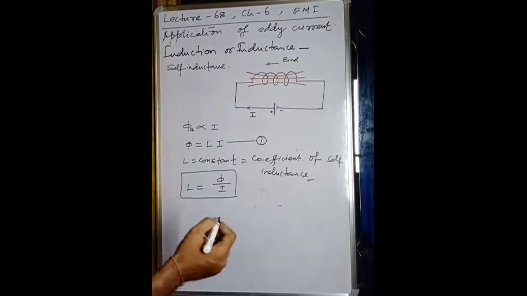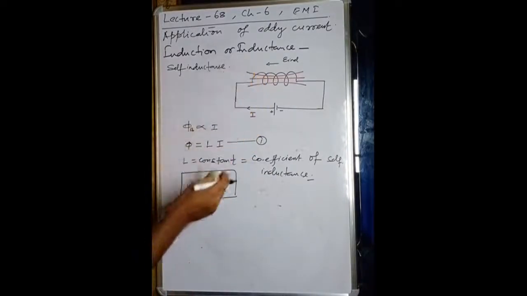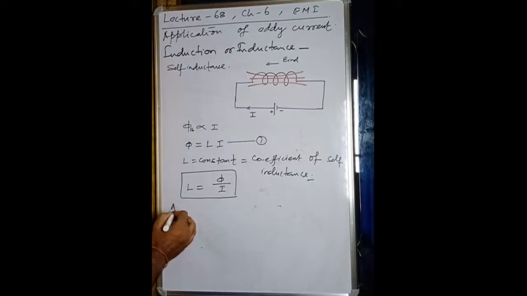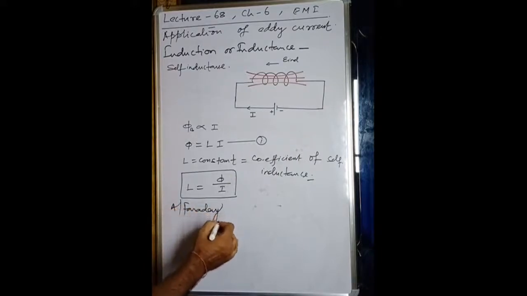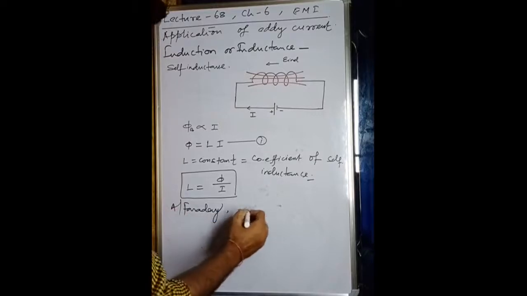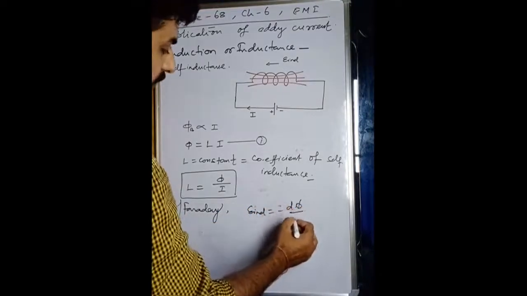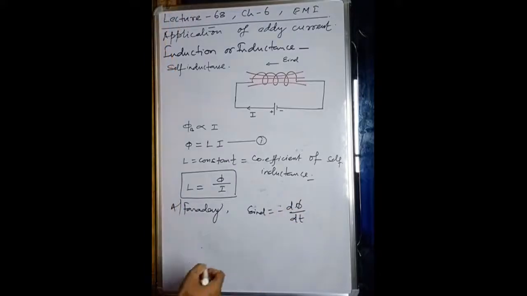You can write the heading, my dear students: the EMF induced in an inductor. According to Faraday, we know that the induced EMF is nothing but minus d phi over dt. Am I right? Yes.